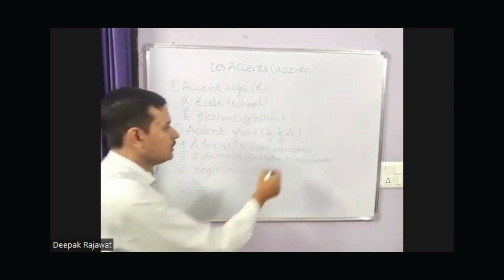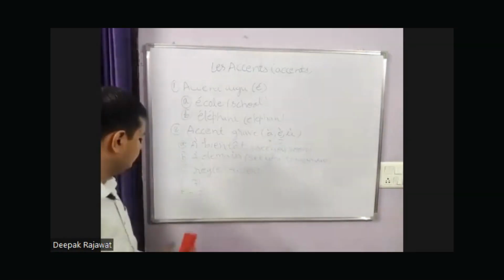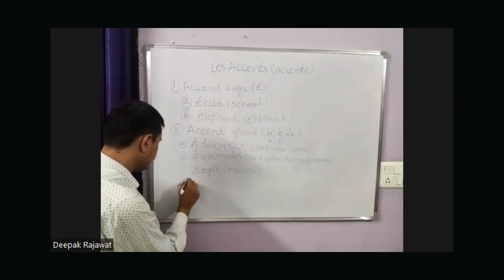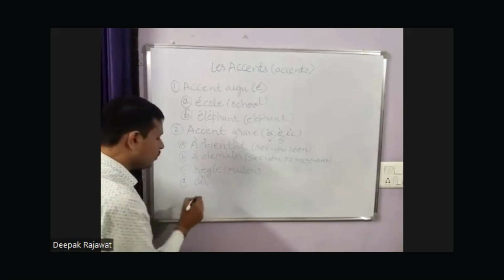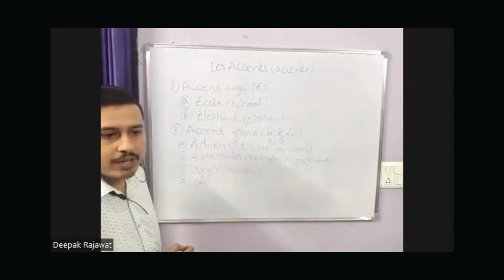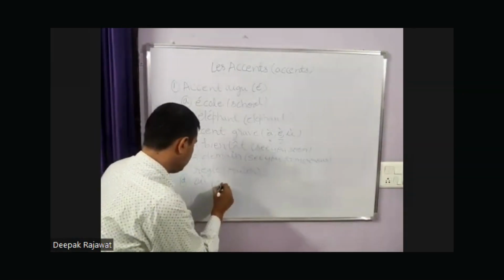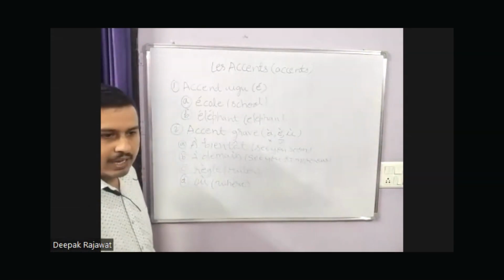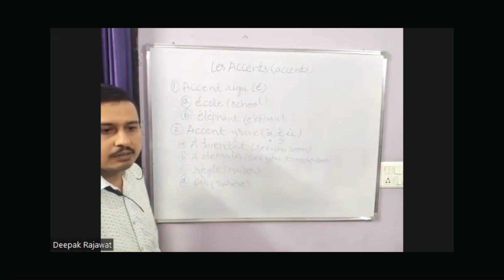Now we are going to see letter U. Où. Où is where. And this we have done: J'habite à Jodhpur. So I live in Jodhpur.